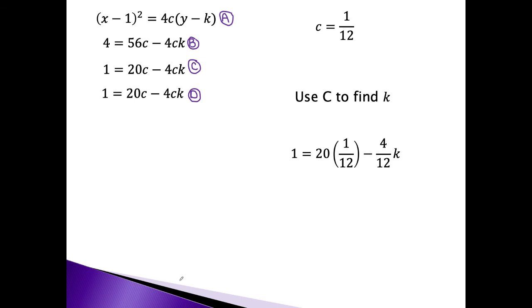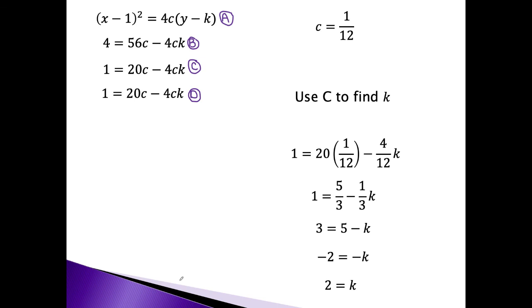So we have 1 equals 20 times 1 over 12 minus 4 over 12 times k. Simplifying, we have 1 equals 5 over 3 minus 1 over 3 times k. Multiplying through by 3, we have 3 equals 5 minus k. So -2 equals -k, so k equals 2.